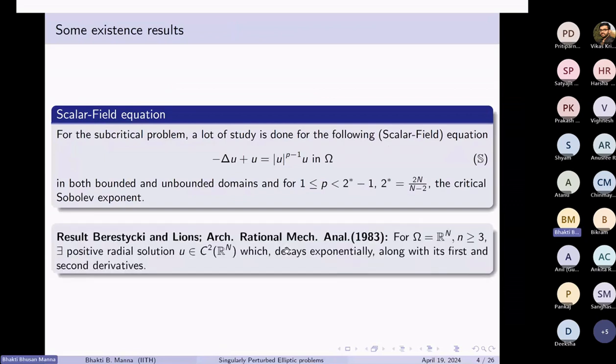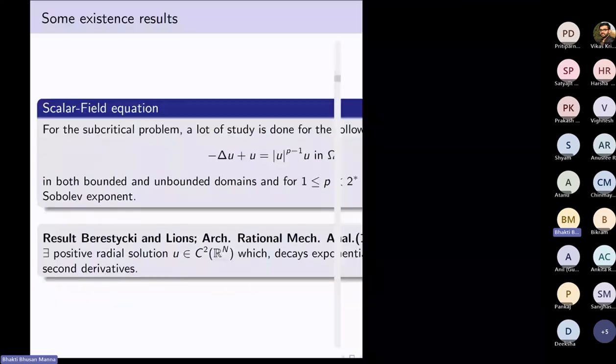This exponential decay is very important, which helps with other problems.